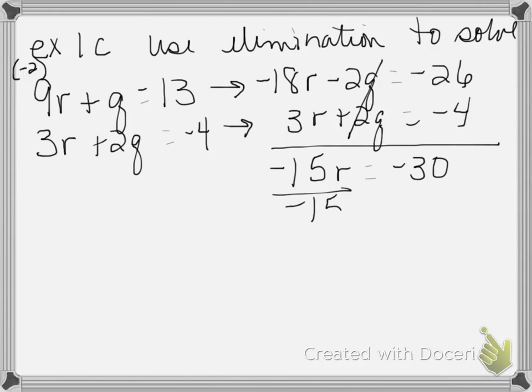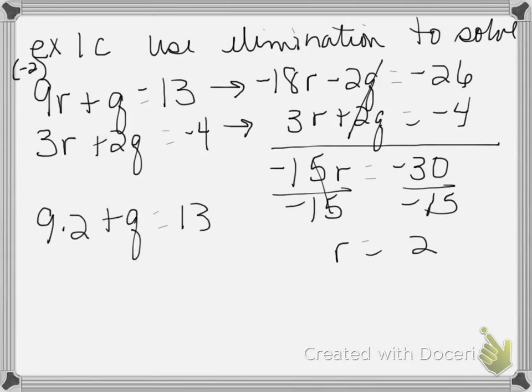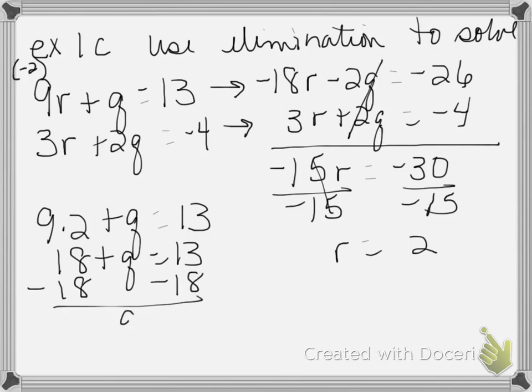Divide by negative 15. So r is equal to 2. Now I'm going to plug in r equals 2 in either one of the original equations. I'm going to plug it in the first one. So that's 9 times 2 plus q is equal to 13. 9 times 2 is 18. Subtract 18 on both sides. So q is equal to negative 5.